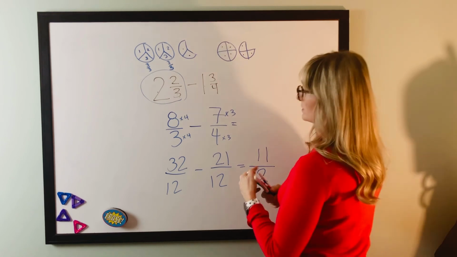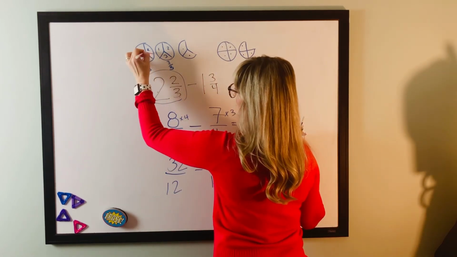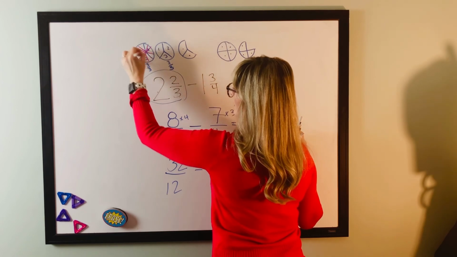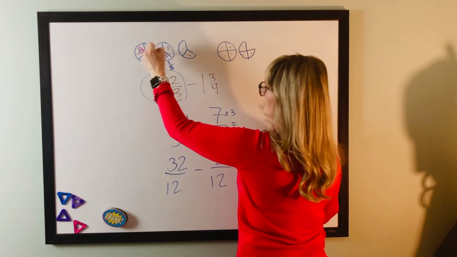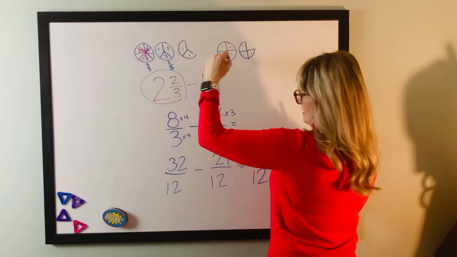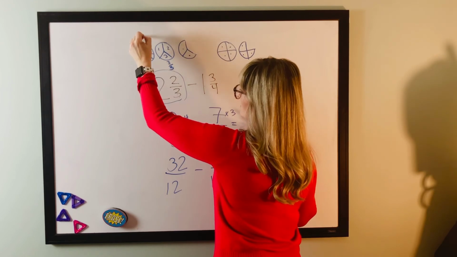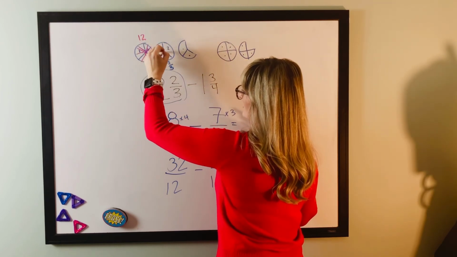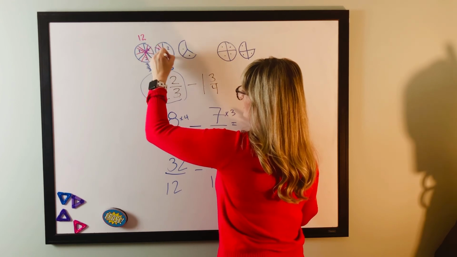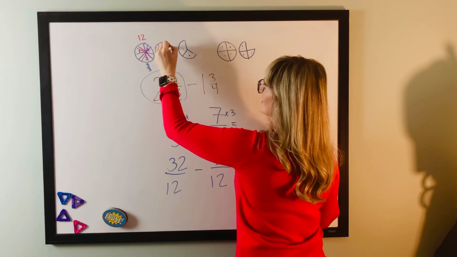So again, you could just change this into 12ths by dividing these 4 times. And that would mean that I would have, as we said here, 32, and then take away 21 of them. So I'd take away 12, and then 1, 2, 3, 4, 5, 6, 7, 8, 9, 10, 11, 12.